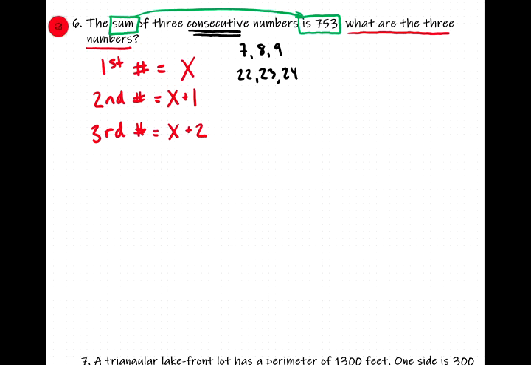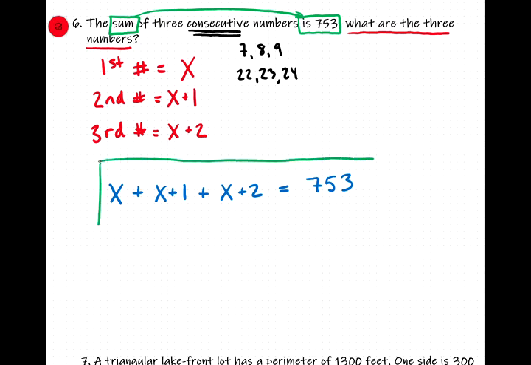And so we could add those three numbers up. The first number plus the second number plus the third number, x plus 2, equals a sum of 753. And that is our equation for number 6.